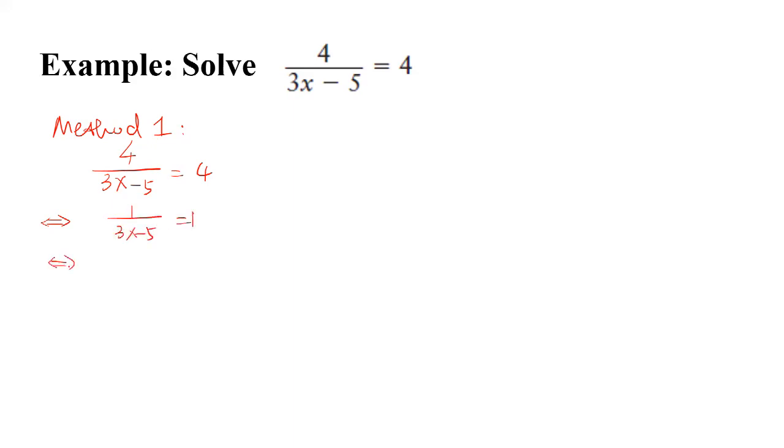Next, we move the 1 to the left side, and it becomes minus 1. Then we rewrite the whole left side using the common denominator, which is 3x minus 5.